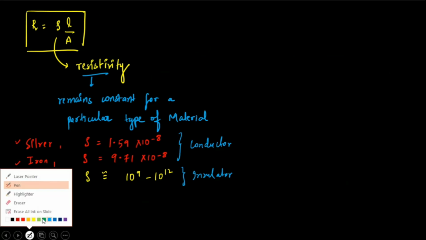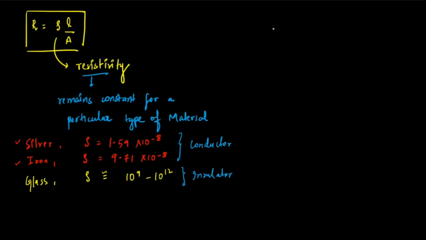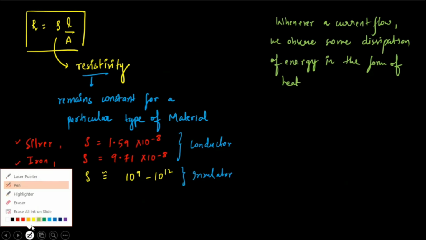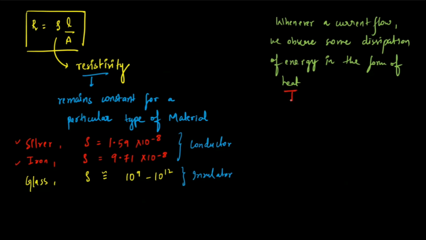One more thing that we have already focused on is that whenever a current flows, we observe some heat, we observe some dissipation of energy in the form of heat. Also, when something gets heated up, or you can say when the temperature of something rises, it starts to expand.